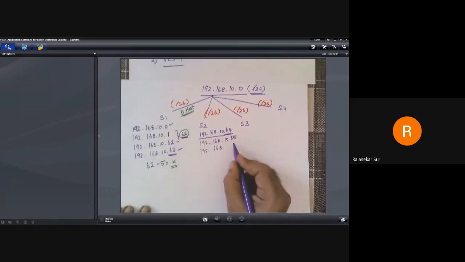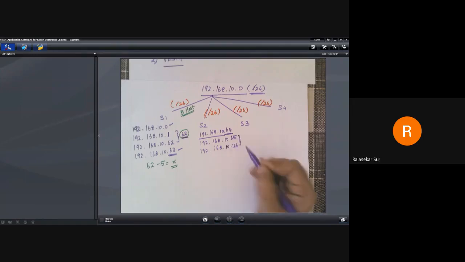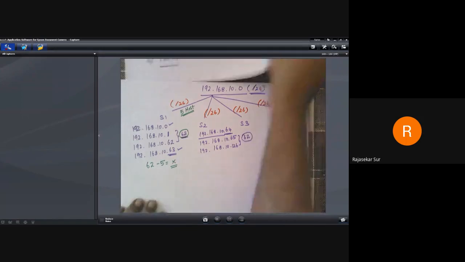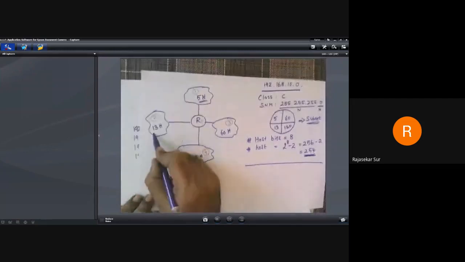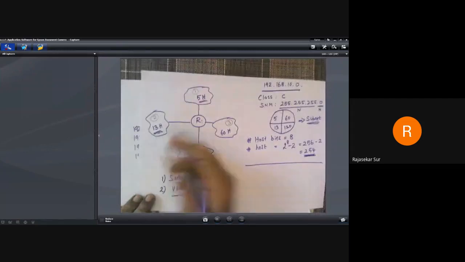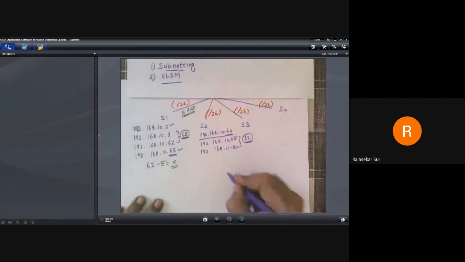The last host ID is 192.168.10.126. So from 65 to 126, if you count how many hosts are available, you will have 62 hosts you can connect. But according to our topology diagram, in the second subnet I need only 13 computers. Here you can connect 62 computers. Again, here it is wasted.